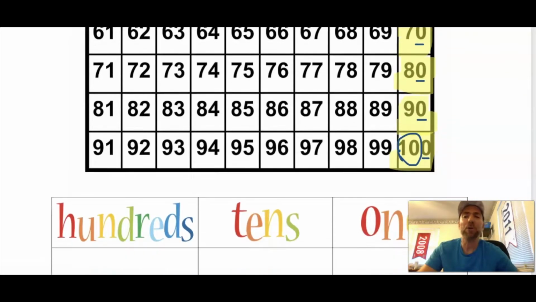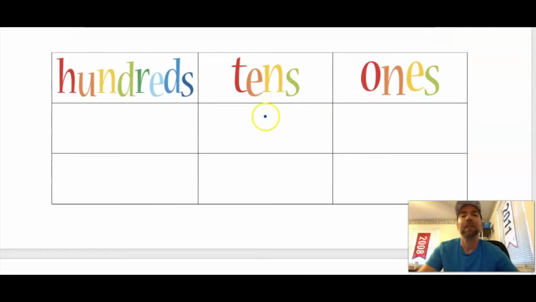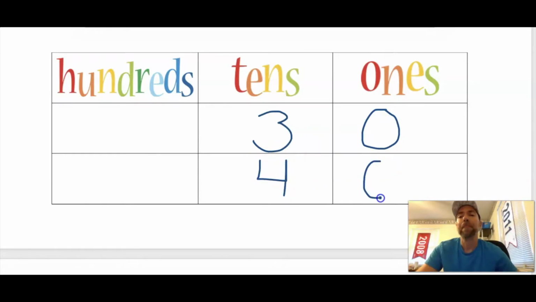So let me show you what I mean by that. I'm going to take the numbers 30 and 40. The number 30 has 3 tens and 0 ones. The number 40 has 4 tens and 0 ones.